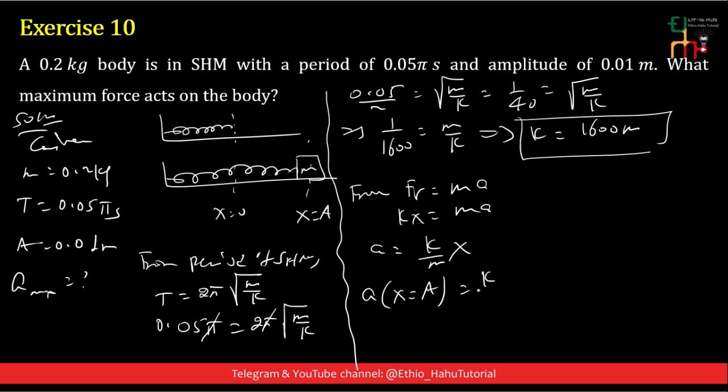This is equal to k over m times a, which is 1600 m divided by m times amplitude 0.01 meter. m goes with m. 1600 times 0.01 is 16 meter per second square. This is the maximum acceleration.